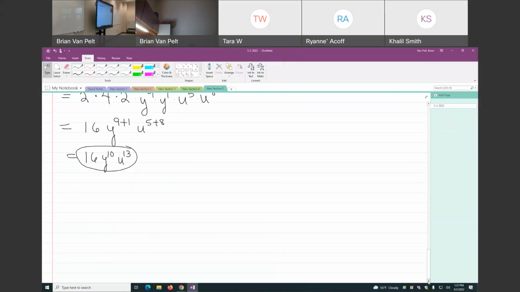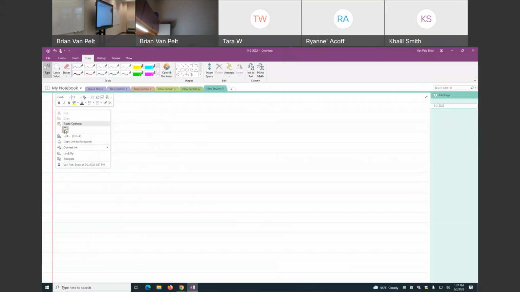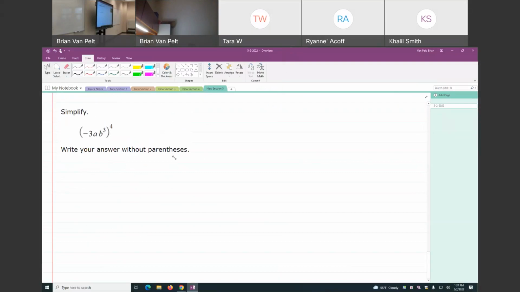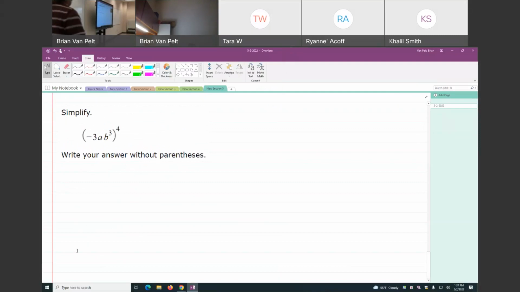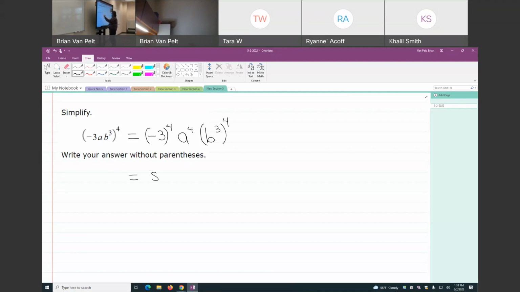Give ourselves some space here. All right, so everything gets raised to the fourth power. Then we have a to the third raised to the fourth power. As you mentioned, the negative will go away because it's raised to an even power. 3 to the fourth is equal to 81.